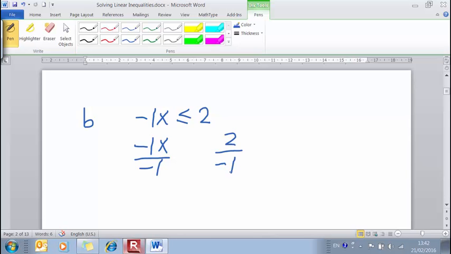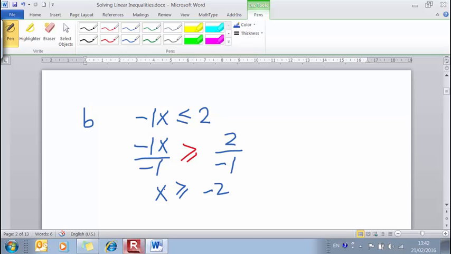Now, we divide both sides of the inequality by negative 1, and don't forget to flip the inequality sign. And then we will simplify. On the left, we have negative 1 divided by negative 1, which is a positive 1, and we get x on the left hand side. On the right, we have negative 2.